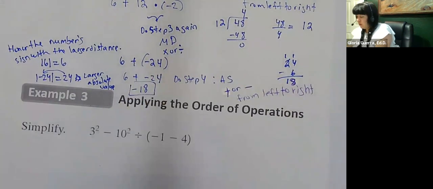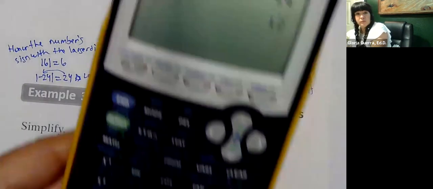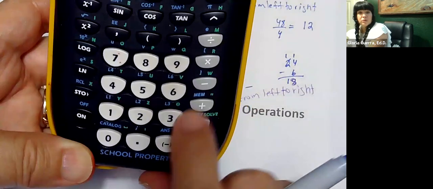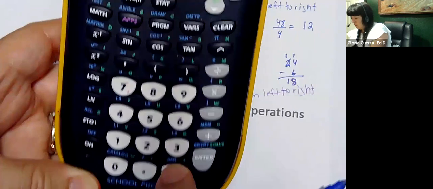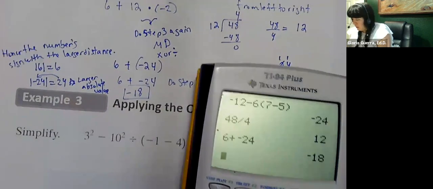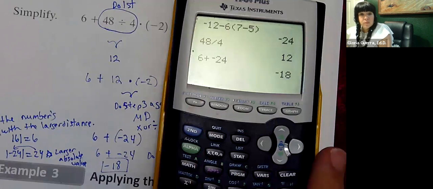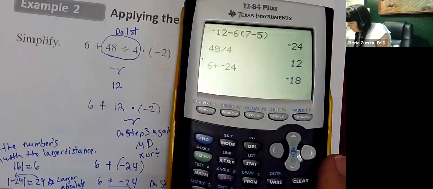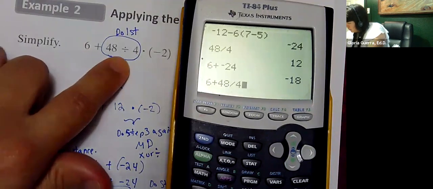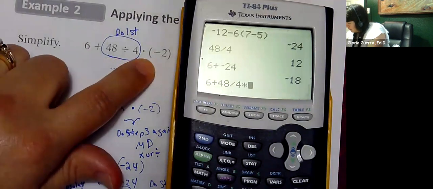And even when you check that down here, 6 plus negative 24, and remember the negative is down here. Don't use subtraction, negative right here. 6 plus negative 24, see, it's a negative 18. Then I go back to the top and check that up here. I have 6 plus 48 divided by 4, then times a negative 2.